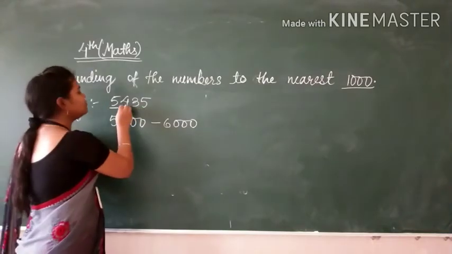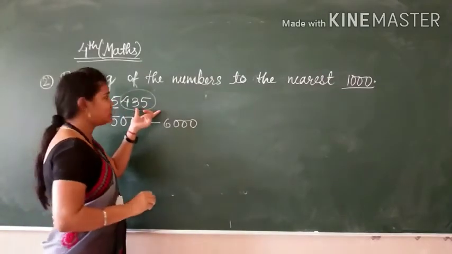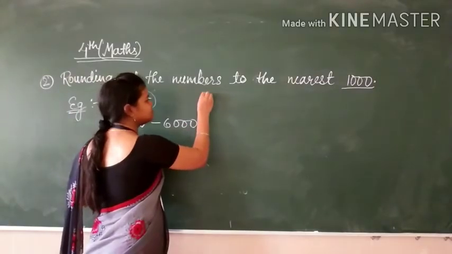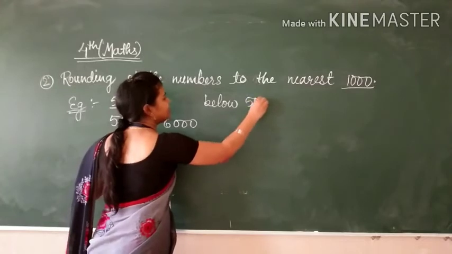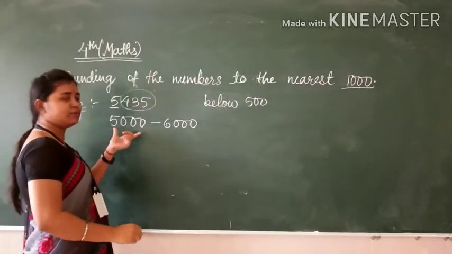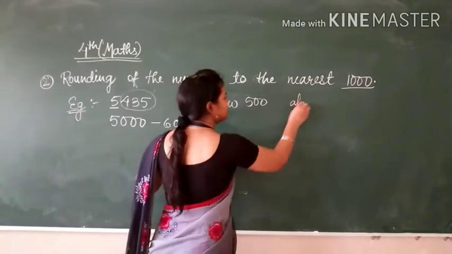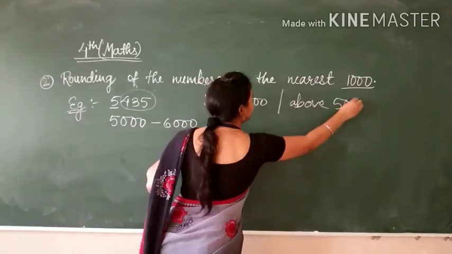So now we have to see the rest 3 digits. For the rest 3 digits, the trick is: if it is below 500, it will come to the previous range, and for the next range it should be above 500.